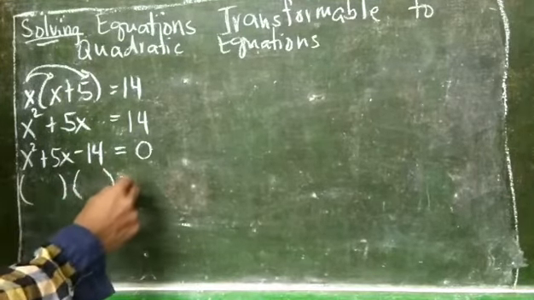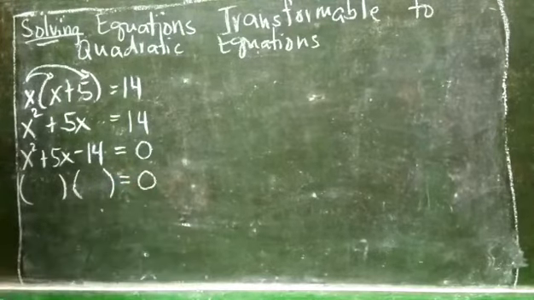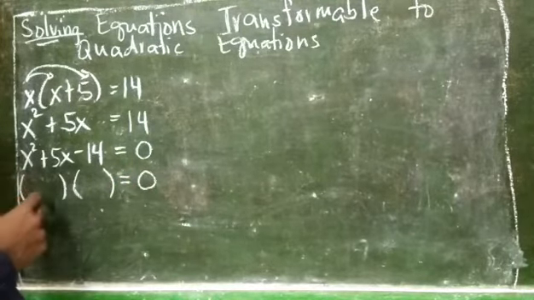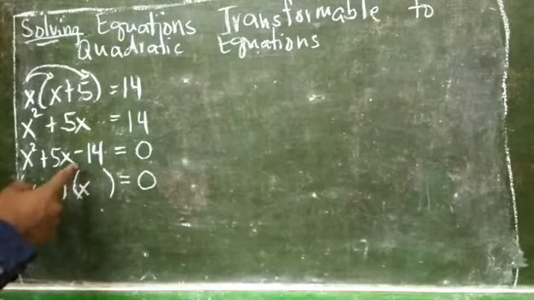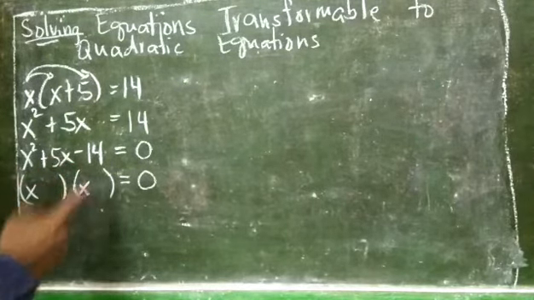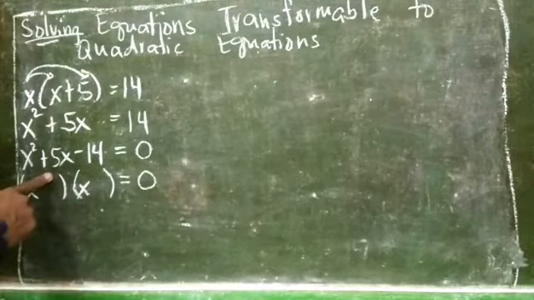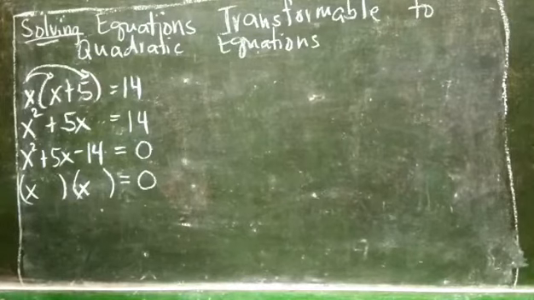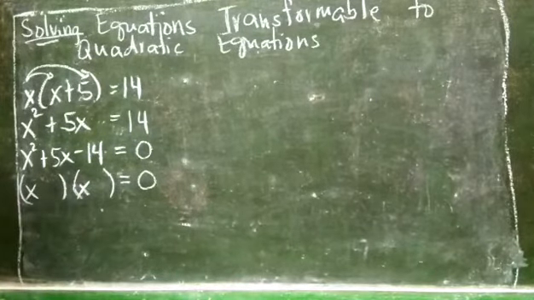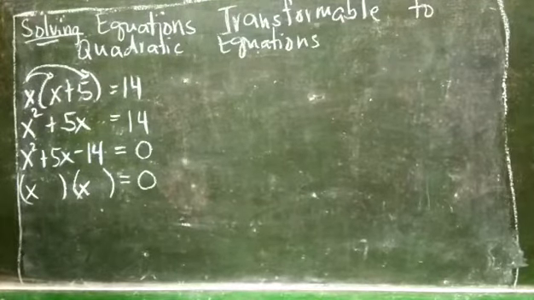Okay, it would be a product of two binomials. Okay, factors of x squared, so that is x and x. Okay, so think of the factors of negative 14, okay, na yung sum niya dapat ay 5. Mag-isip ka ng dalawang numero na kapag pinag-multiply, negative 14 ang makukuha. At the same time, when you add those two numbers, ang makukuha ay 5.